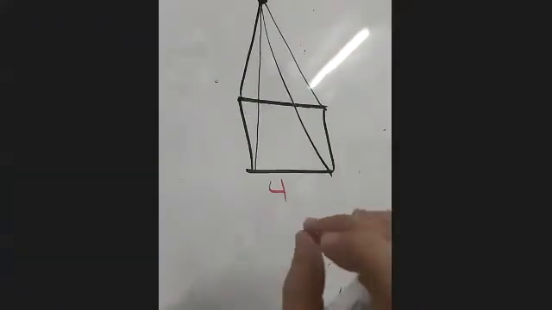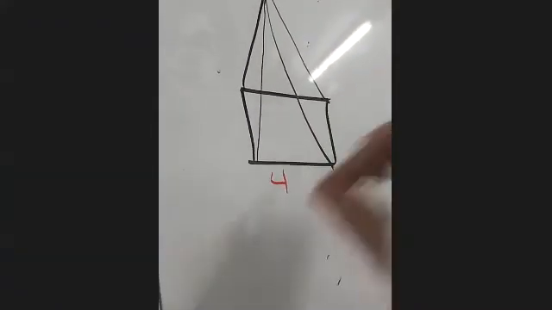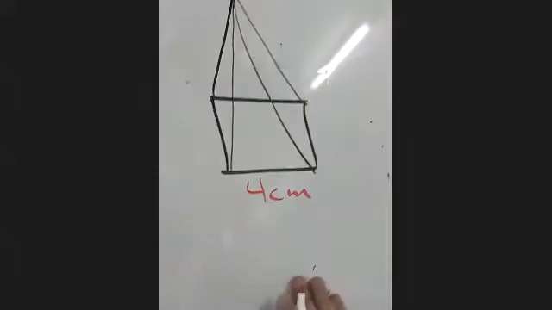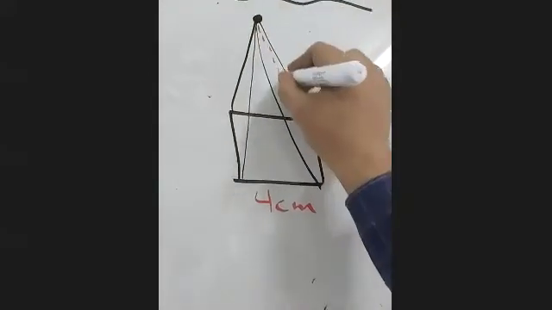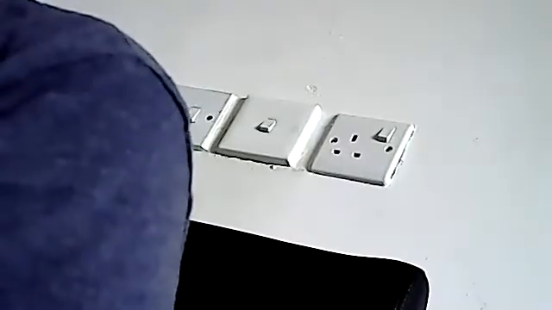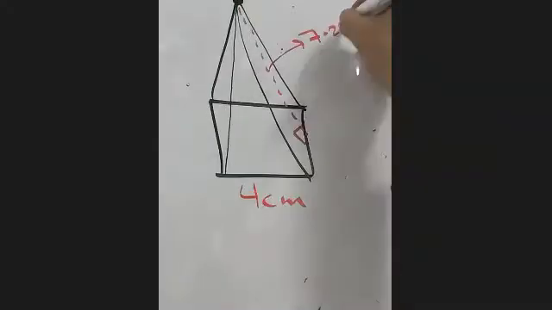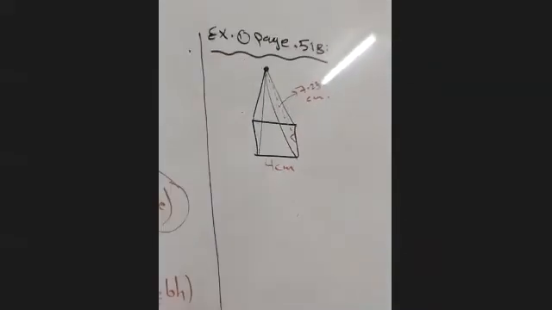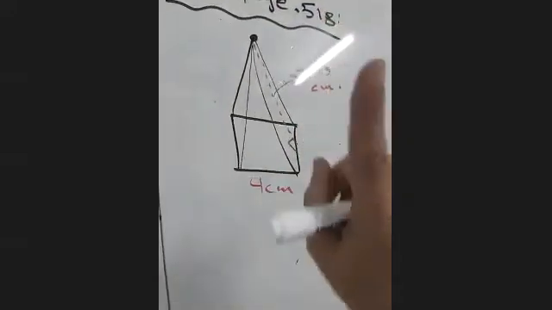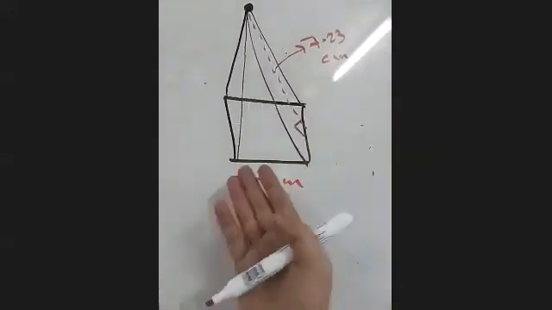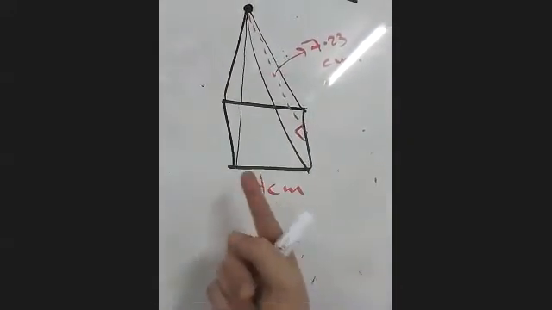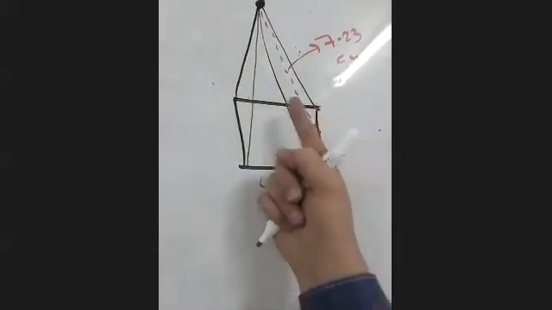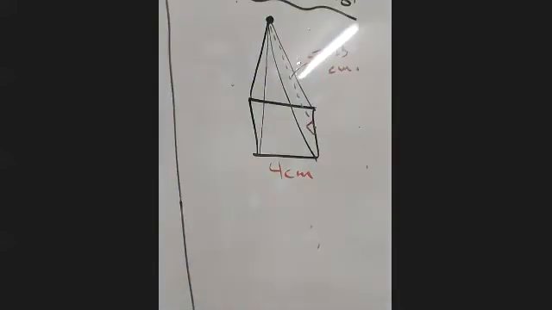When I ask how much, give me the number and the unit. 4 centimeters. How much is the height? 7.23 centimeters. Now, all the triangles, focus. Because the base is a square, this is 4, and this 4, and this 4, and this 4.